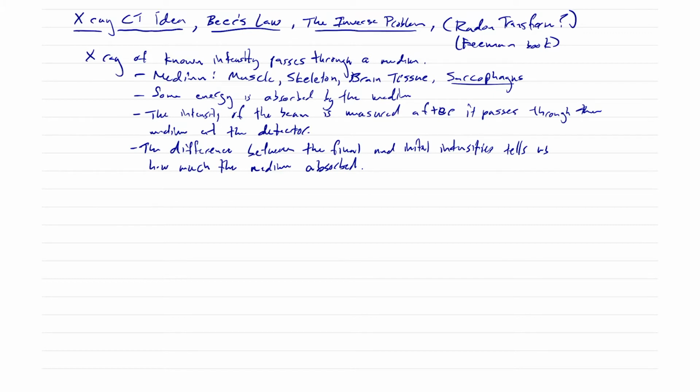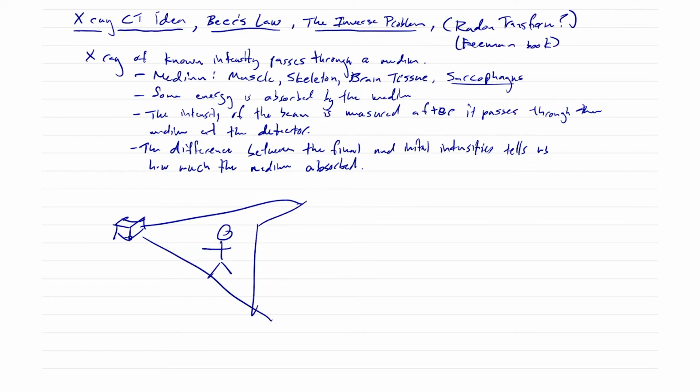So why don't we go ahead and talk about this a little bit. Basically, the idea is that you have an X-ray that's shooting out, boom, and you have some sort of subject here that you're trying to look at, and you have a detector. The detector could be like a sheet of phosphorus or something like that, or it could be a little bit more sophisticated, like what you see in a CT machine. And you don't see any real details except for the outline of what you saw.